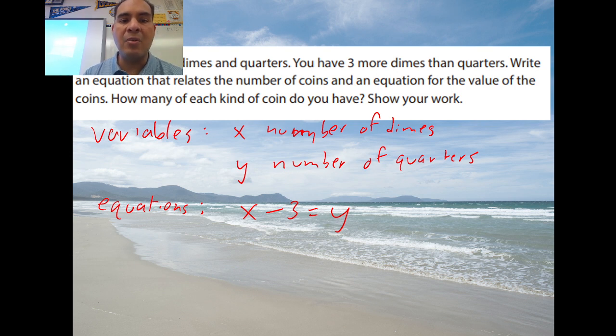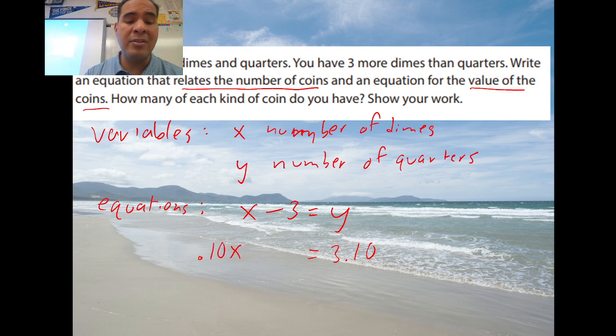Now we need to make an equation for the value of the coins. We finished relating the number of coins, and now we're going to work on an equation for the value of the coins. In this case, altogether, the money is $3.10. So whatever equation I make has to equal $3.10. Now every dime, which is x, is worth 10 cents.